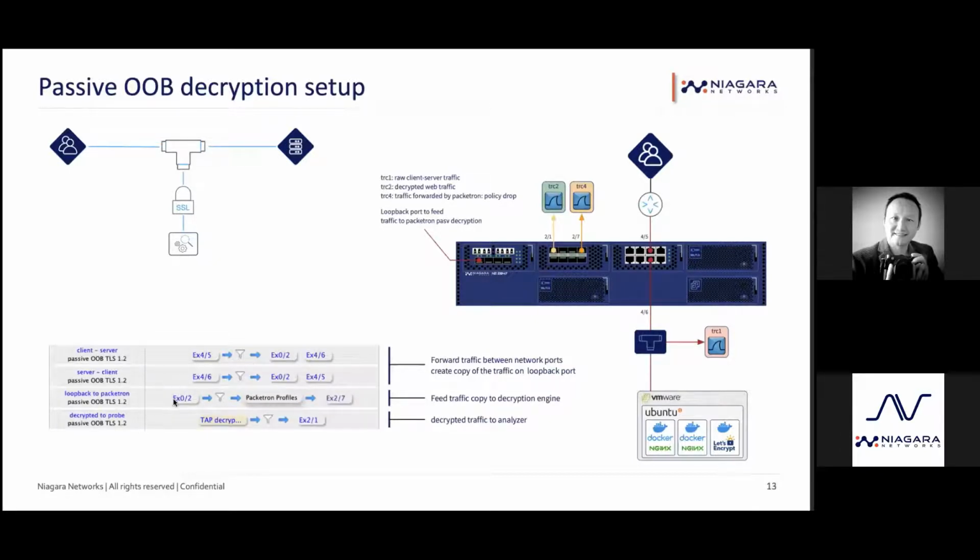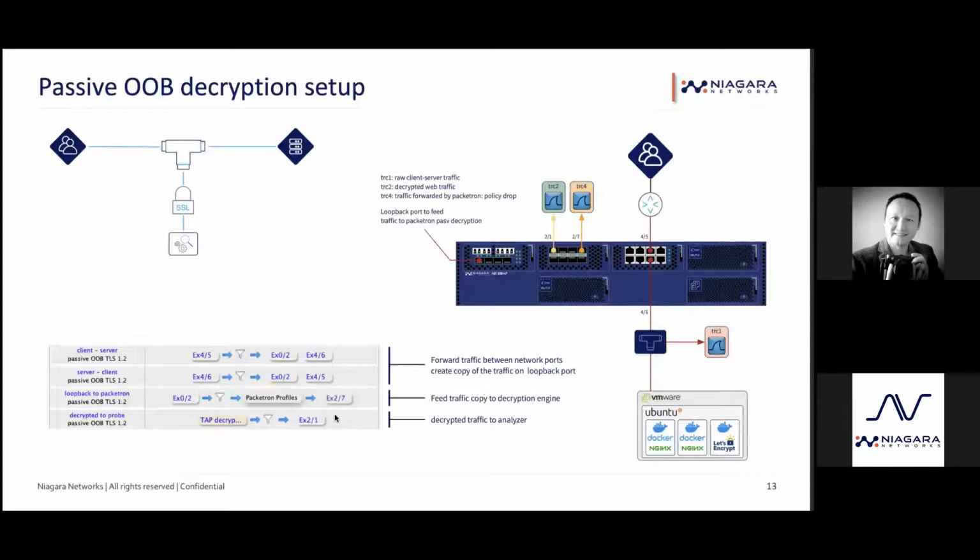We take the traffic from the loopback port and send it to the decryption engine. The decryption engine tries to decrypt the traffic based on the certificates that are installed in the packetron, and sends the traffic out to port 27.